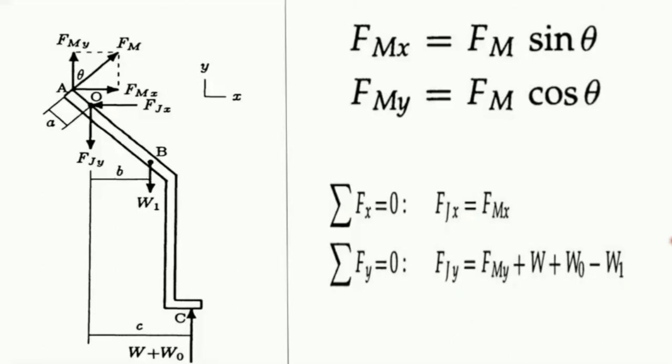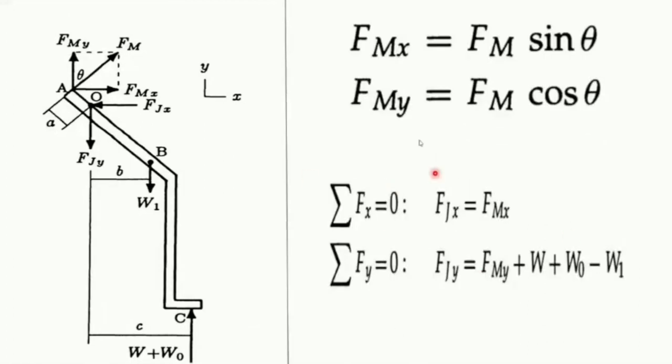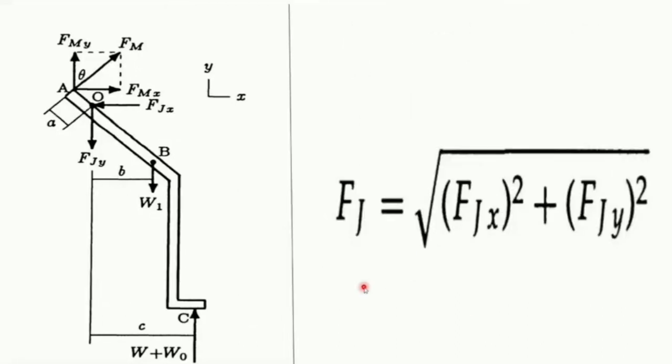So we get the equation Fjy is equal to Fmy plus W naught minus W1. Now we have Fjx and Fjy from these particular equations. If we get Fjx and Fjy, we can get Fj by the square root of Fjx squared plus Fjy squared. So with this, we are done with today's video.